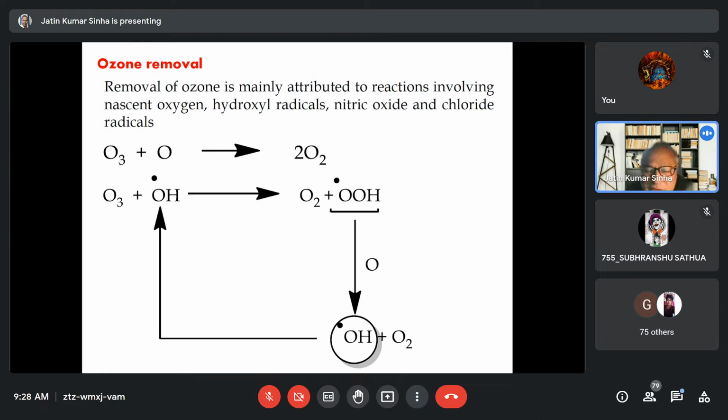This is dangerous, because if the reactant is being created during the reaction, it is going to have more effect in comparison to the other radicals. So in comparison to nascent oxygen, the hydroxyl radical is more harmful in the removal of ozone.